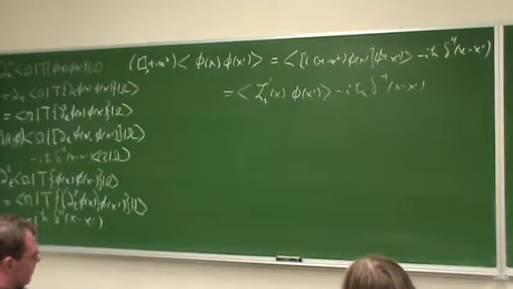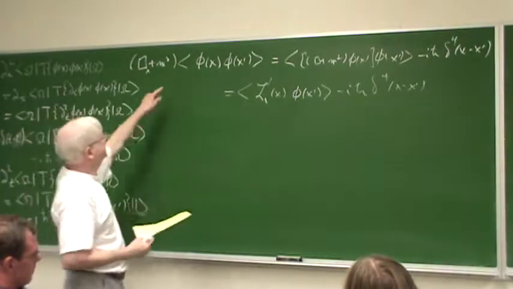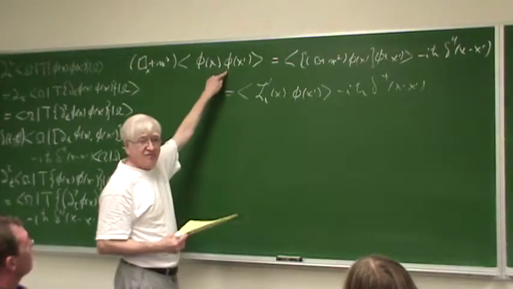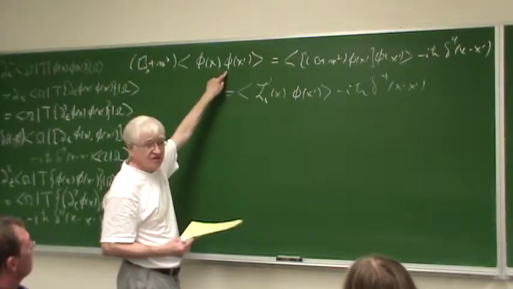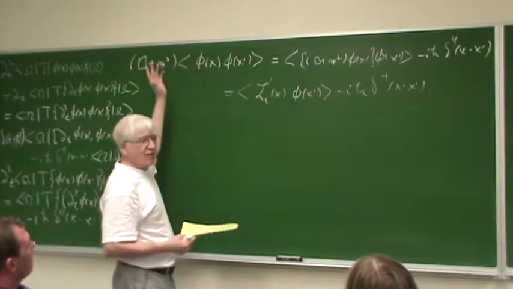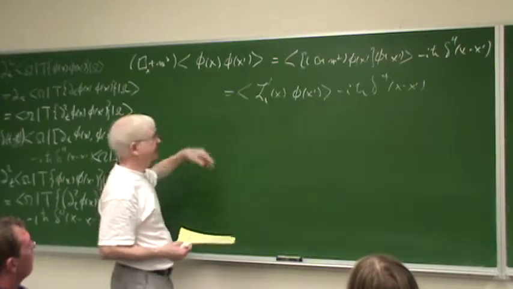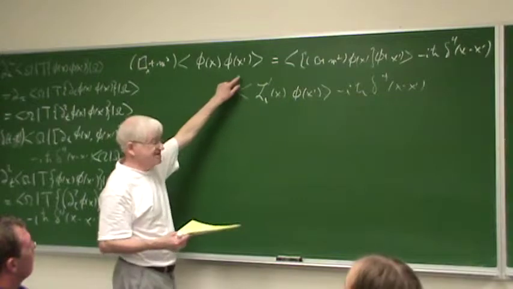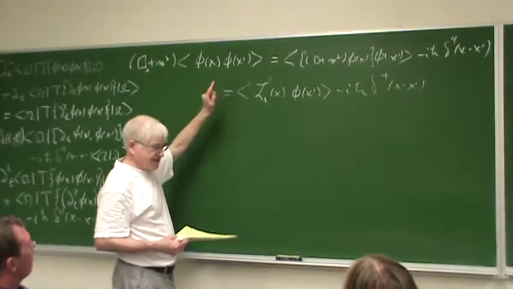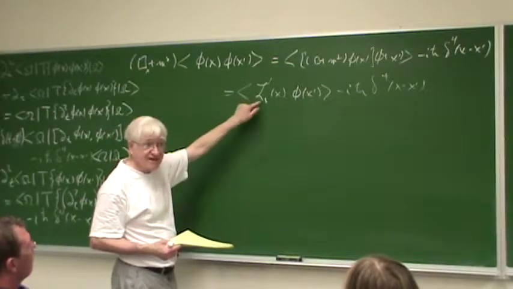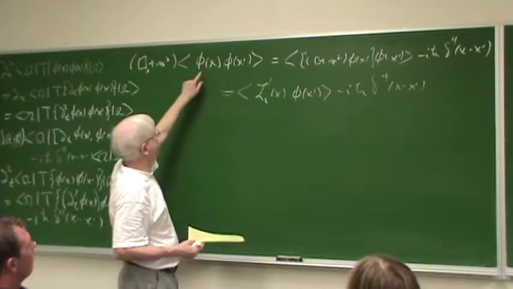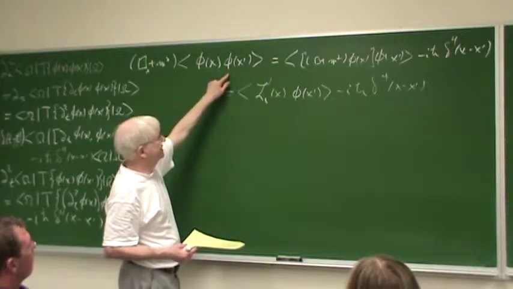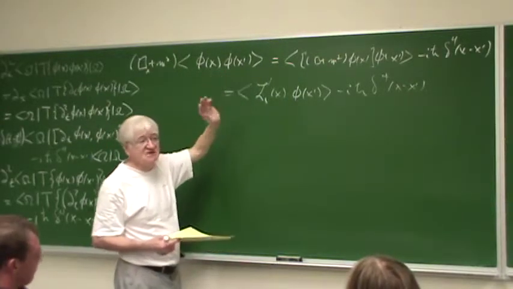But let's go back and look at this. What happens if you don't have one field here, but you have several? Well, then you have a more complicated time-ordered product. You have theta of, say, t minus t prime times theta of t prime minus t double prime times phi of x prime, phi of x double prime, and so forth.